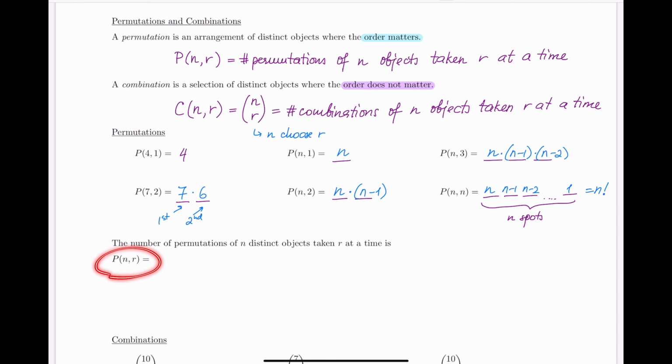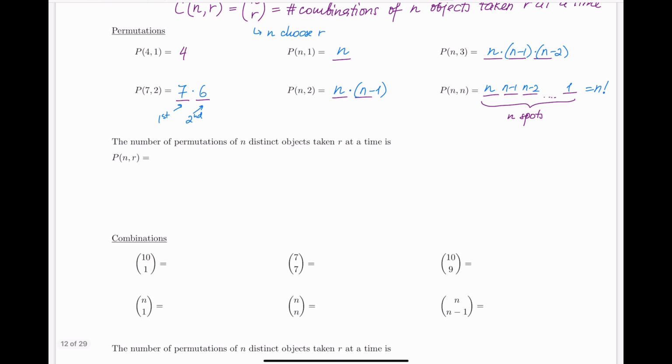Overall, if you have n objects and you want to take them r at a time, we can generalize this kind of thinking into a more direct formula. So I'm going to have r spots here, and I'm going to think about how to put one of the n objects into each one. For the first spot, I have all the available choices, all n of them.